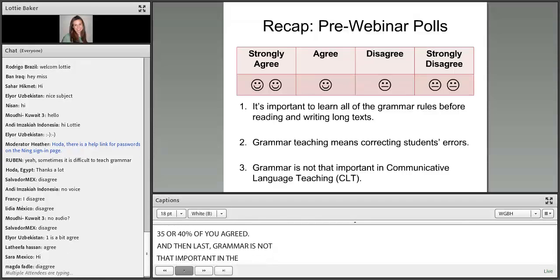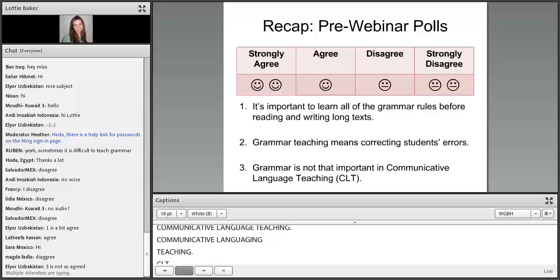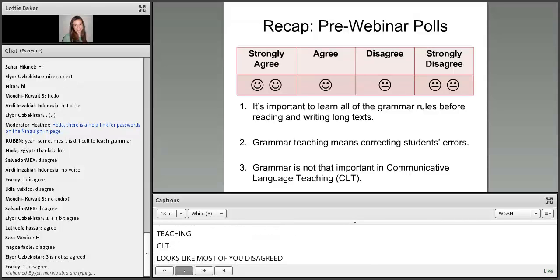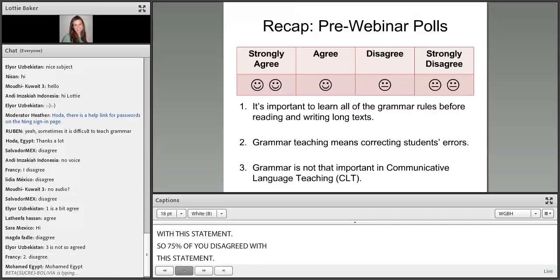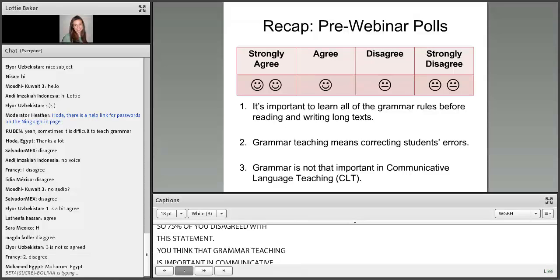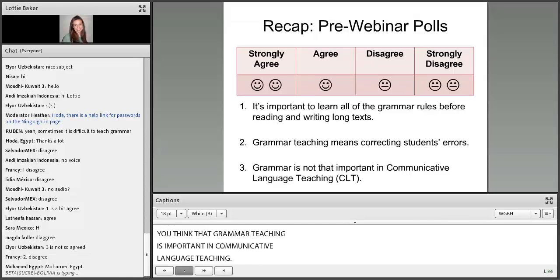And it looks like most of you disagreed with this statement. So 75% of you disagreed, and you think that grammar teaching is important in communicative language teaching. And that's good to hear because grammar does play a role in communicative classrooms.